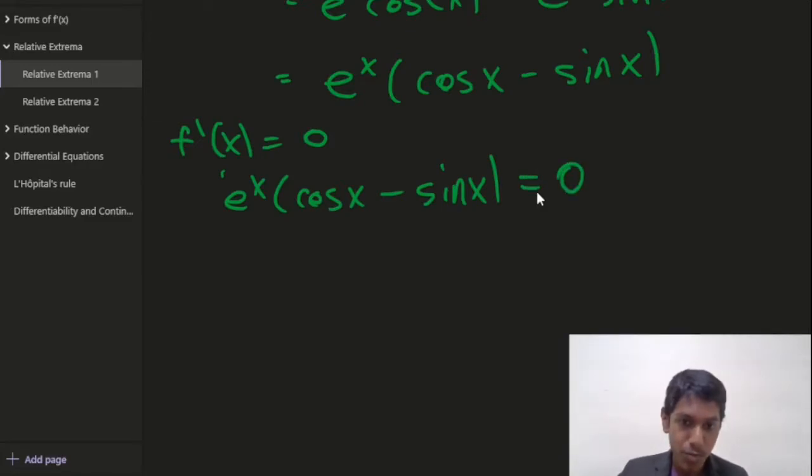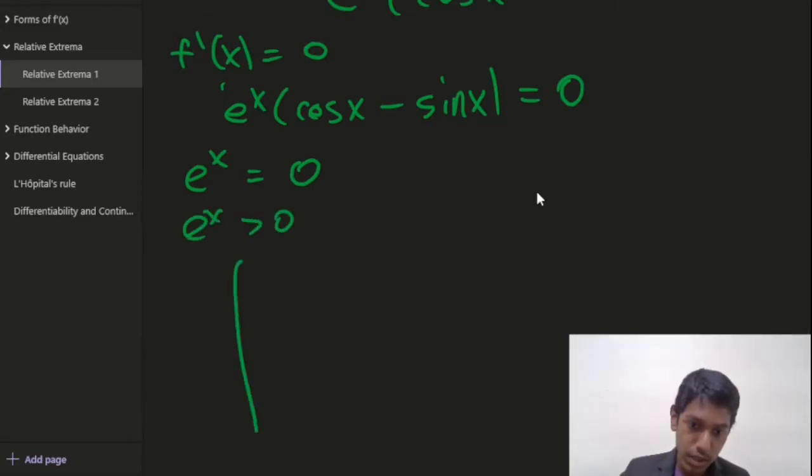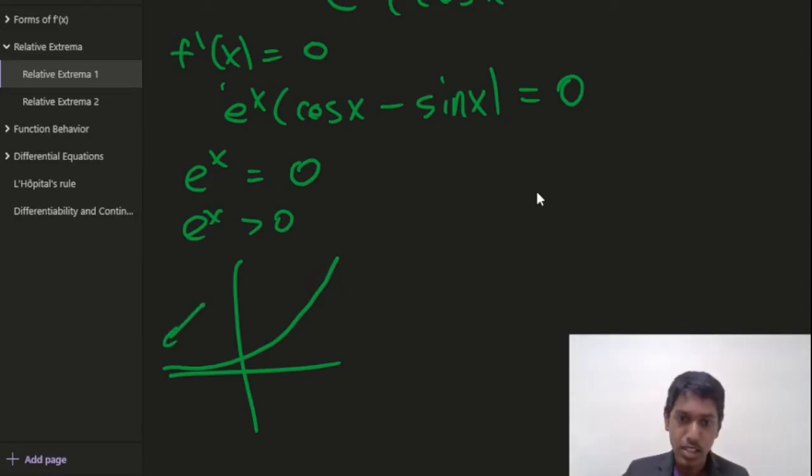First we check where e to the x is 0. Now e to the x is always positive for all x. If you look at the graph of e to the x, it looks something like that. It'll never actually touch the x-axis on the left side. So that's never 0. That makes things simpler. Now we just have to worry about cosine x minus sine x being 0.